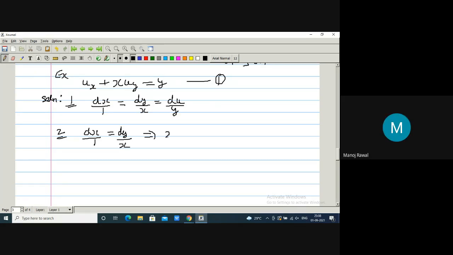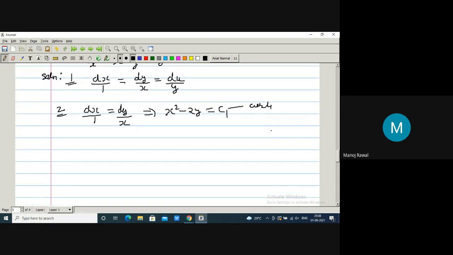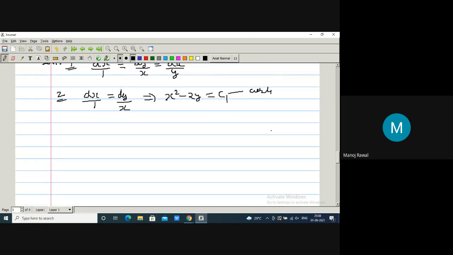So x square minus 2y is equal to c1, let's call it c1, where c1 is arbitrary. Okay, so what is going to be my next task? In step 3, I have to introduce xi and eta. So in step 3, let's choose our simple one first.